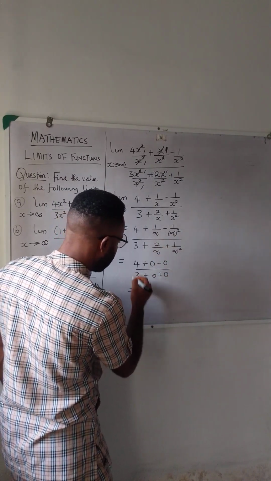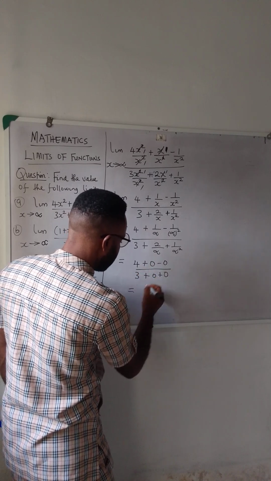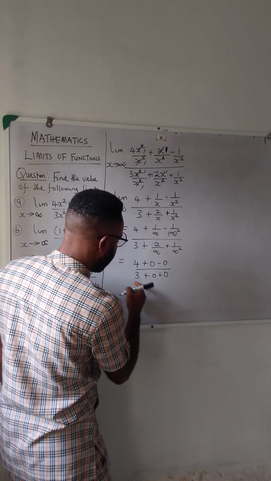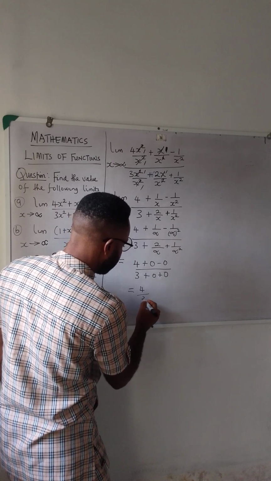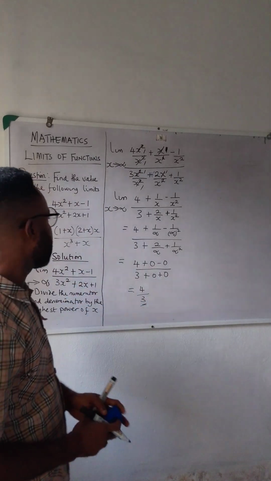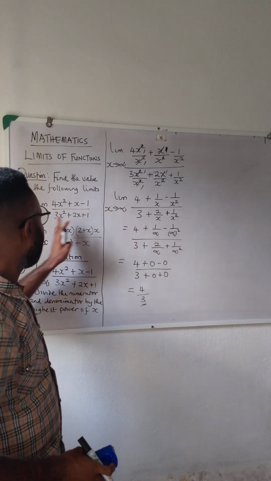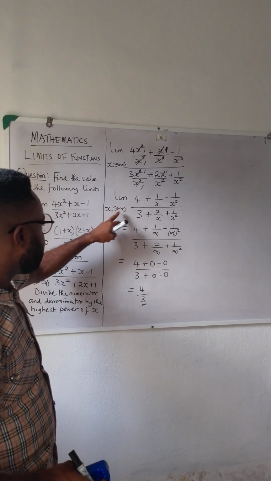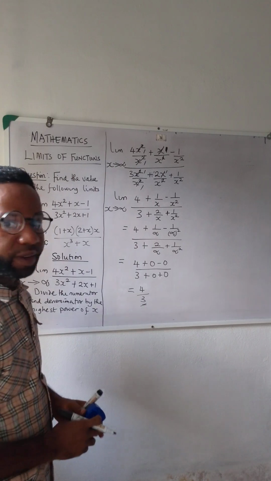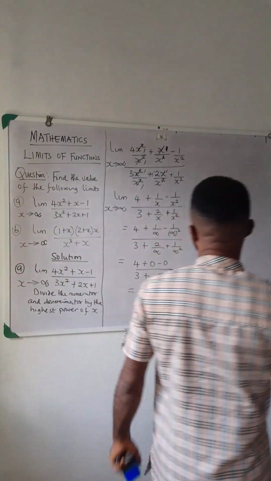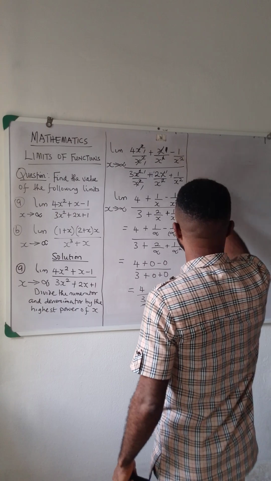So this gives us 4 plus 0 minus 0, which is 4, divided by 3 plus 0 plus 0, which is 3. So viewers, in solving this question, the limit of this function as x tends to infinity is 4 over 3. That is for part A of the question.